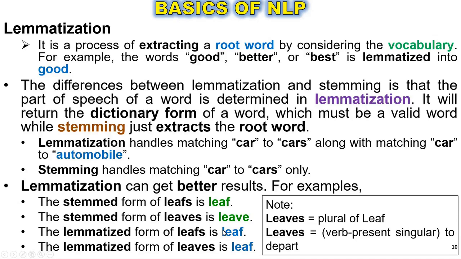It will return the dictionary form of a word, which must be a valid word, while stemming just extracts the root word. Lemmatization handles matching car to cars, along with matching car to automobile, while stemming handles matching car to cars only. Lemmatization can get better results.